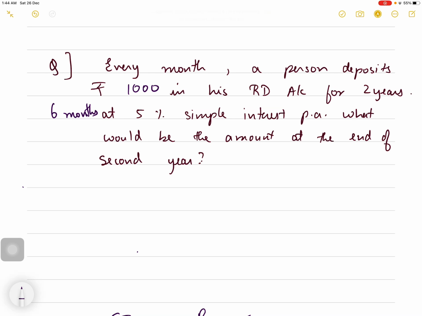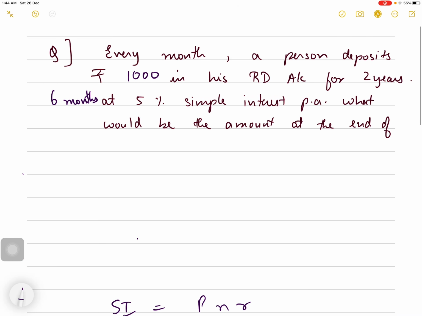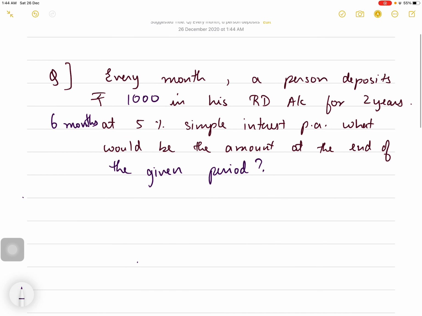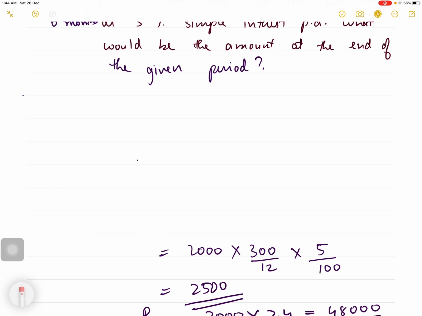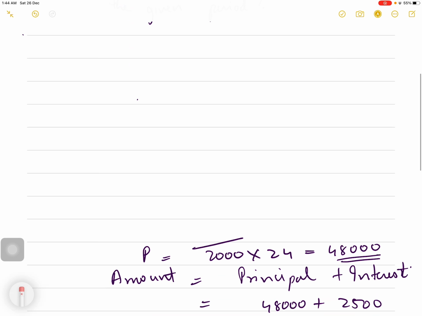What would be the amount at the end of the period, at the end of 2 years 6 months, at the end of the given period? Okay, this is the question. I want all my students to solve this.